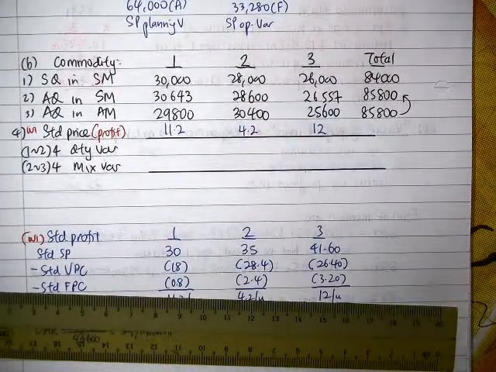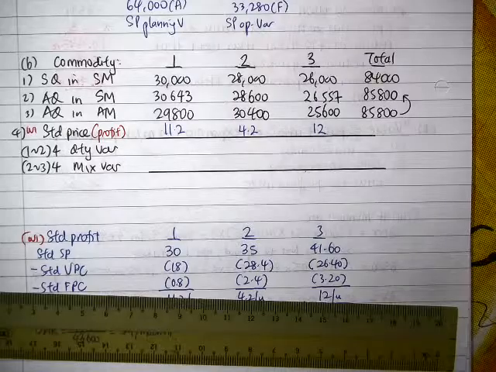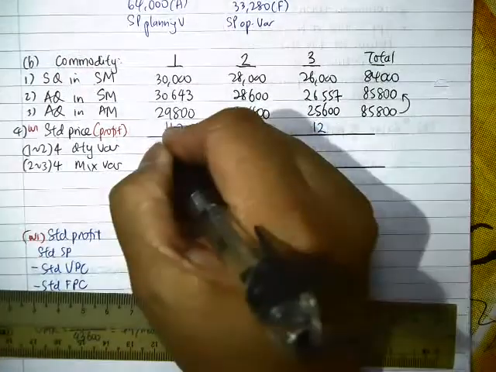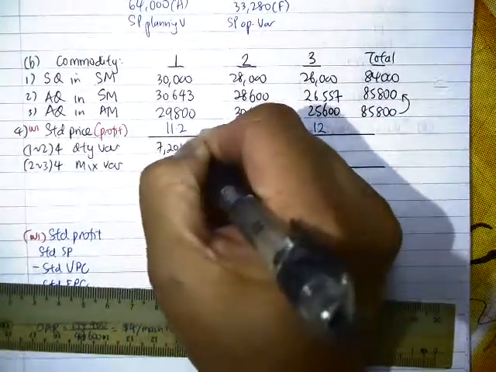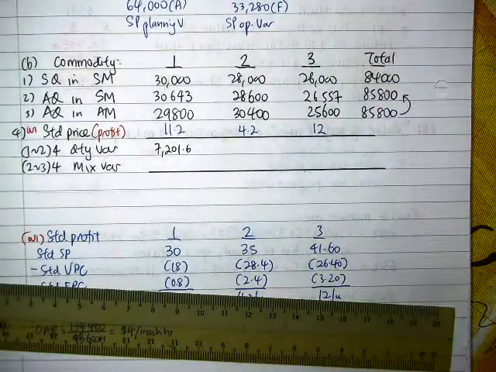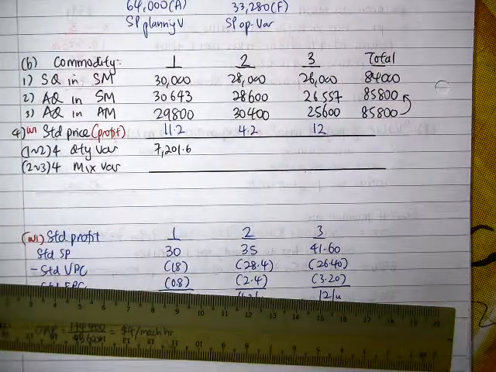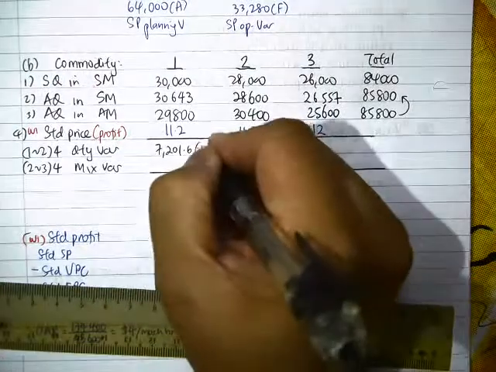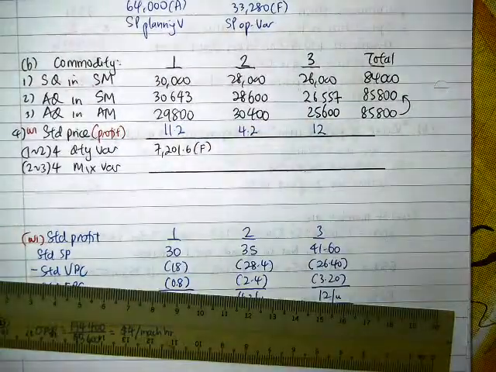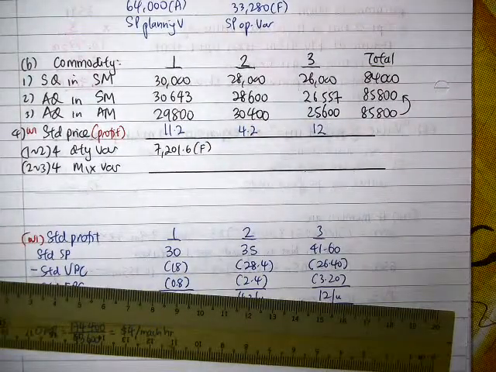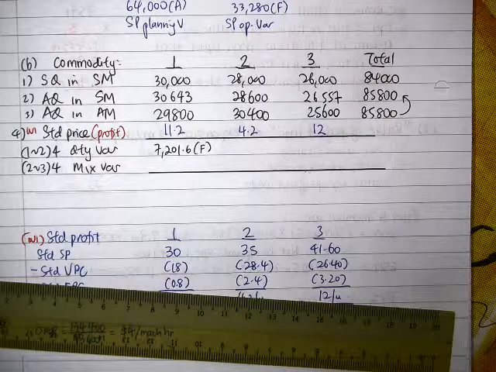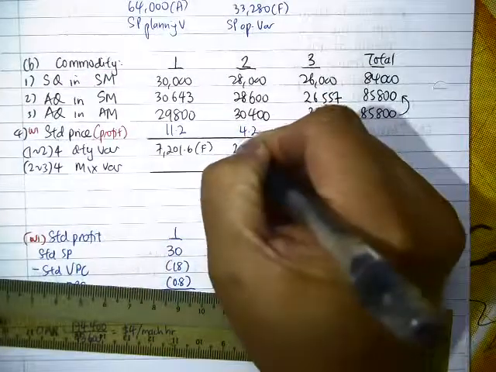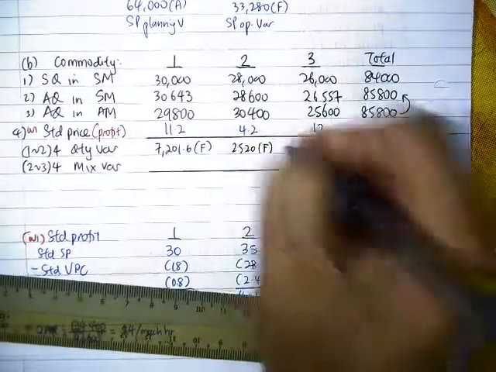Right. 30,000 minus 30643 times 11.2. 7201.6. Is that good or not good? Well, you sell more is good, right? So favorable. Now if your quantity is favorable, then it will be favorable all the way already, correct? 28,6 times 4.2. Favorable.